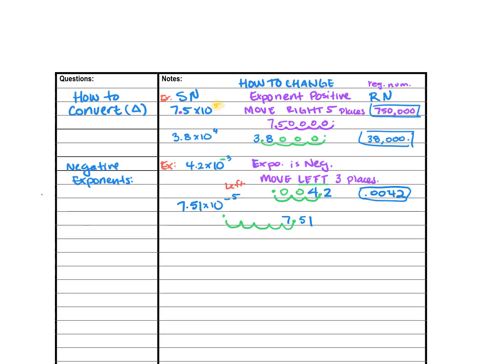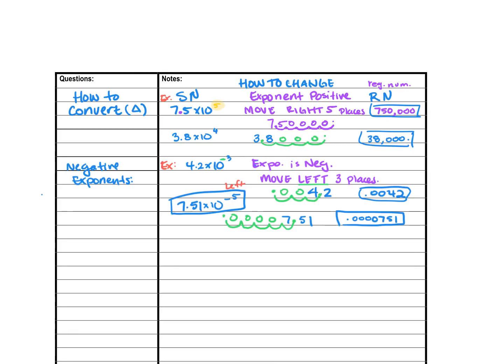Drop it. 1, 2, 3, 4. So your scientific notation is actually this number, 0.000751. See, it's a very small number, but we can write it in scientific notation. Okay?